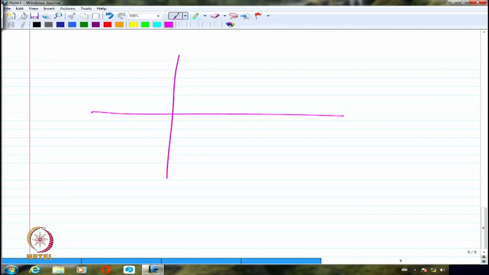Let us say this is the x-axis and this is the y-axis. So on the x-axis I am going to have I, and on the y-axis I am going to have the flux. Right? So initially I may say that as I increase the current, the flux is increasing linearly.